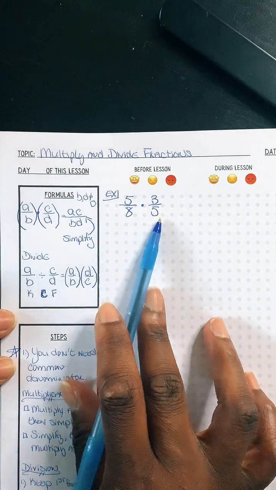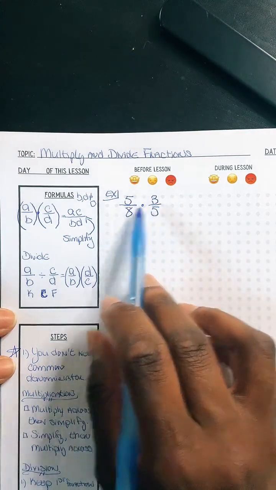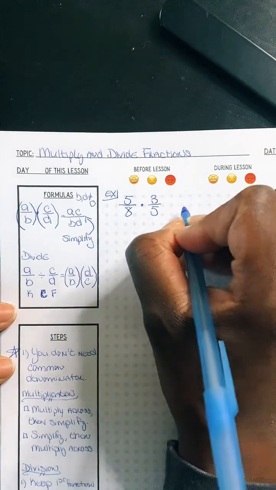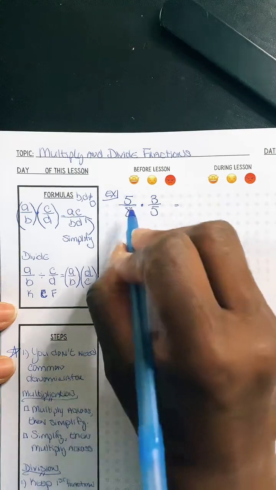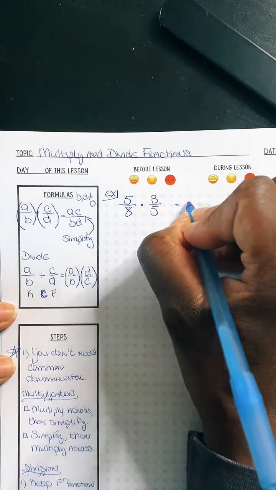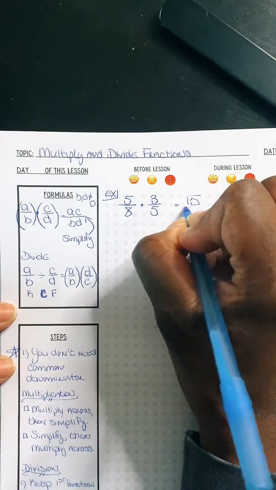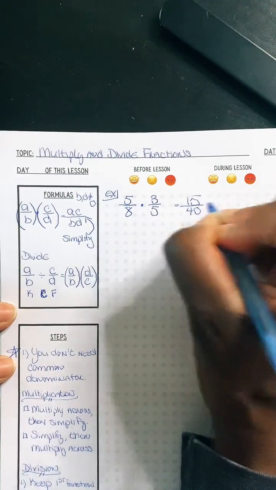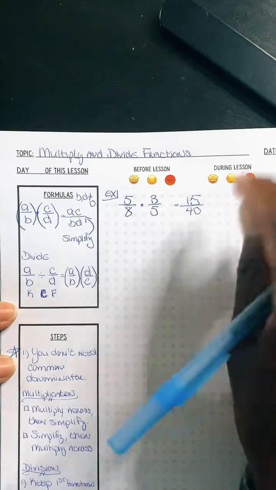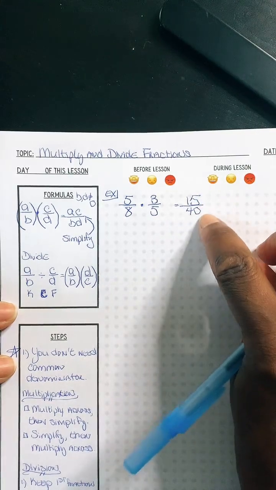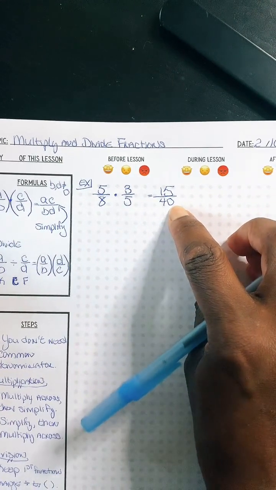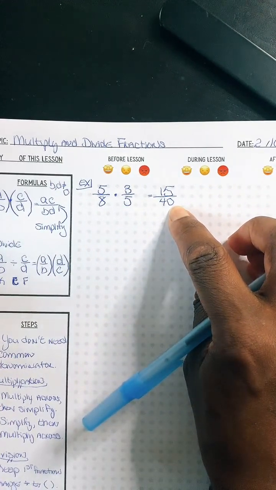One of the ways is we can just multiply straight across and then simplify. So I can multiply 5 times 3, which gives me 15, and 8 times 5, which gives me 40. I notice my numerator ends in 5 and my denominator ends in 0, so I'm dealing with multiples of 5.